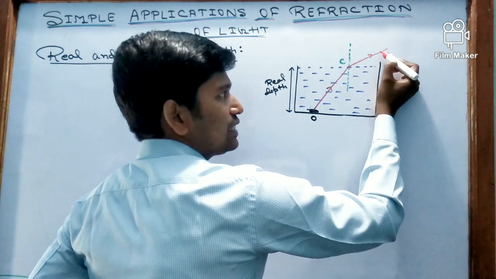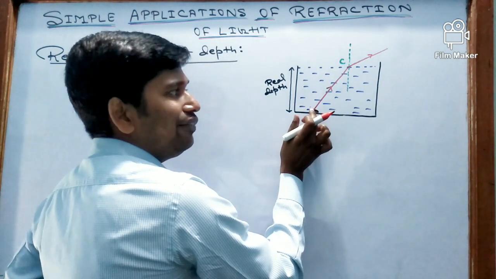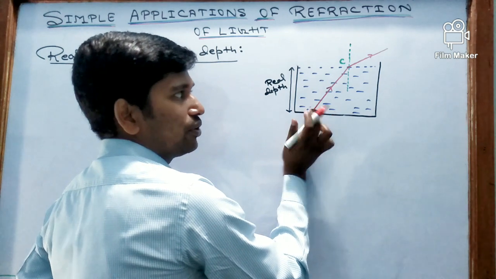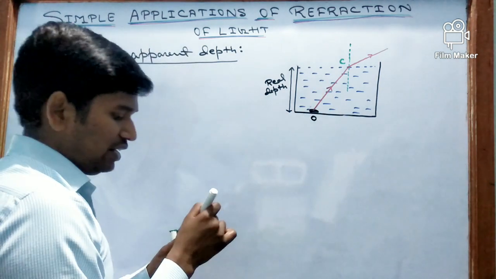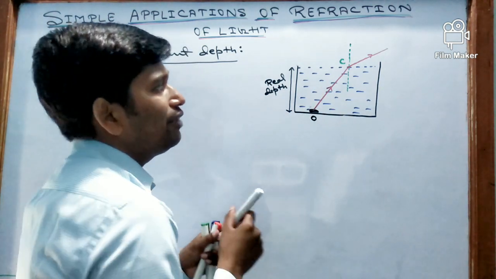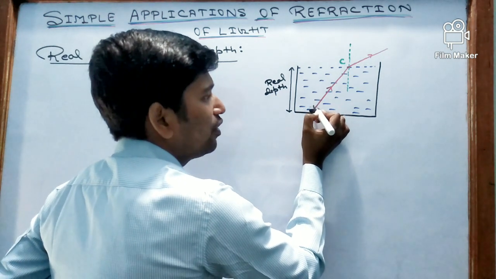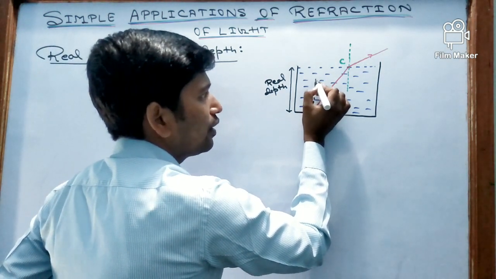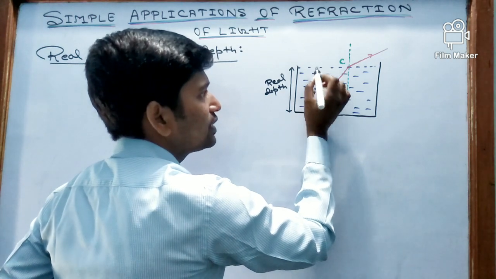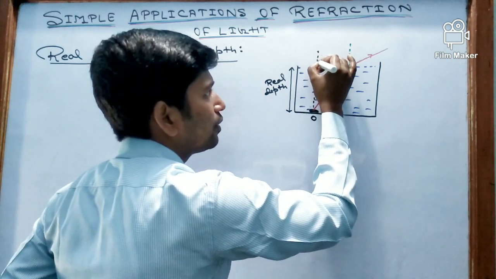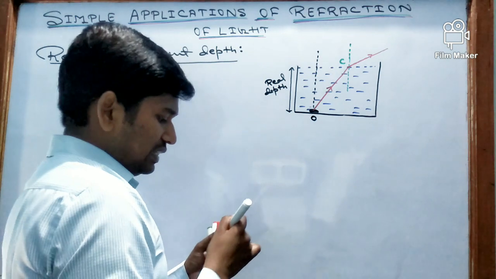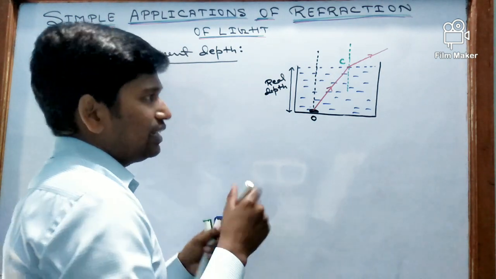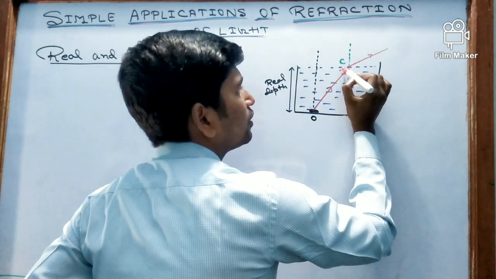As we see from this side, the coin will not look at this point. We can observe the coin at another point. Where will that point be? To find that, we will draw a normal from this point, and let us extend this ray in the backward direction.